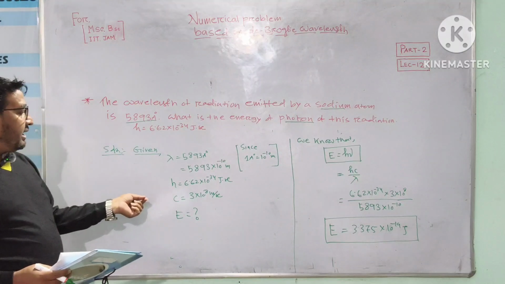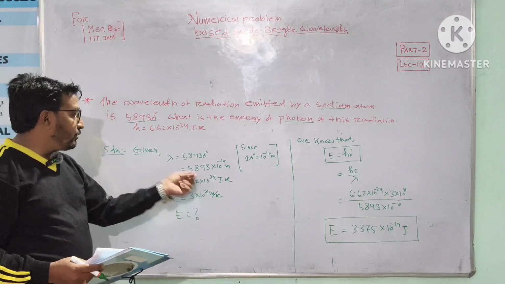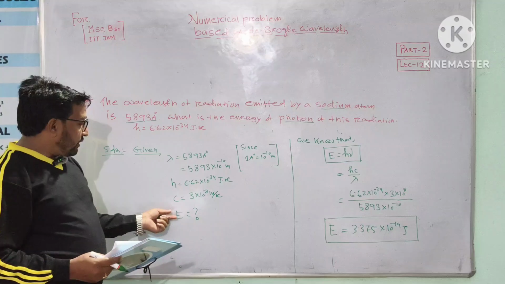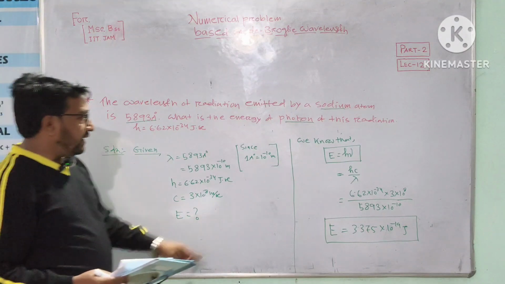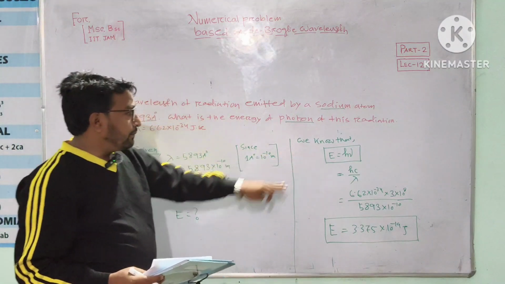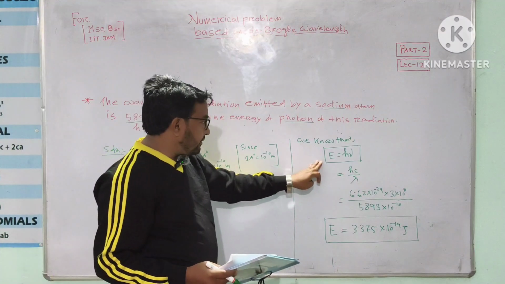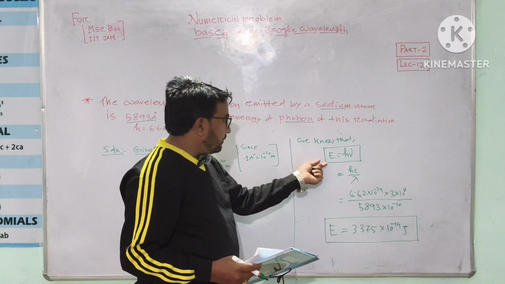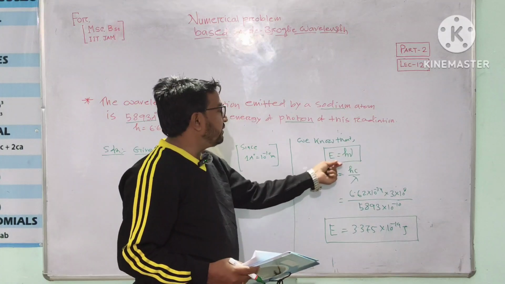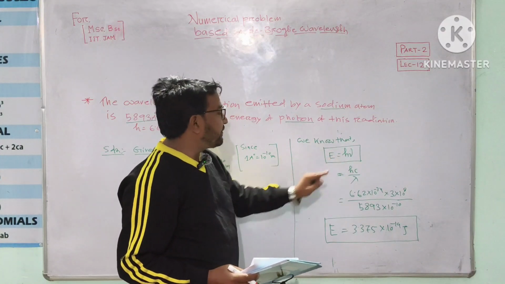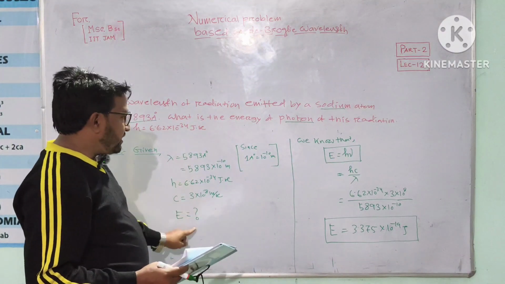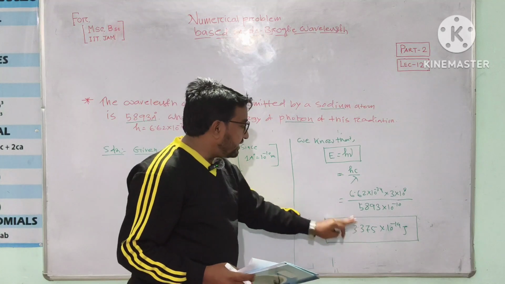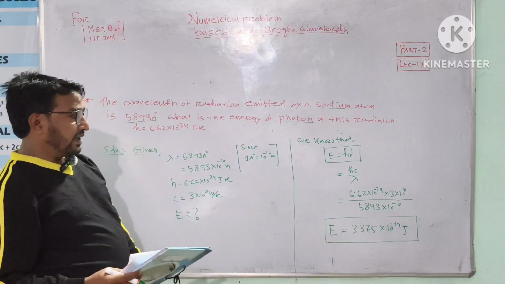And c, the speed of light in vacuum, equals 3 into 10 to the 8 meter per second. We are going to find E. We know that E equals h nu, this is called the Planck quantum principle. According to Planck's law, E equals h nu, and we can break it in terms of hc by lambda. When all the values are substituted in this equation, we will get 3.375 into 10 to the minus 19 joule.